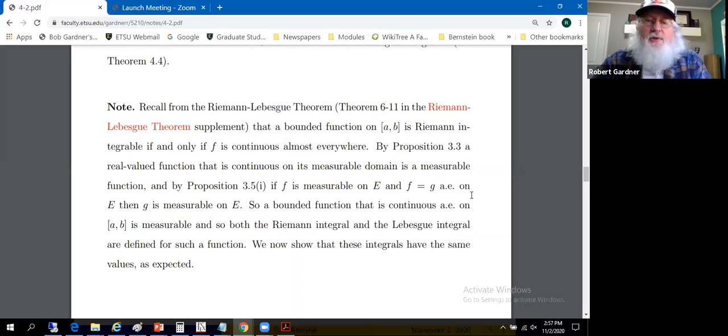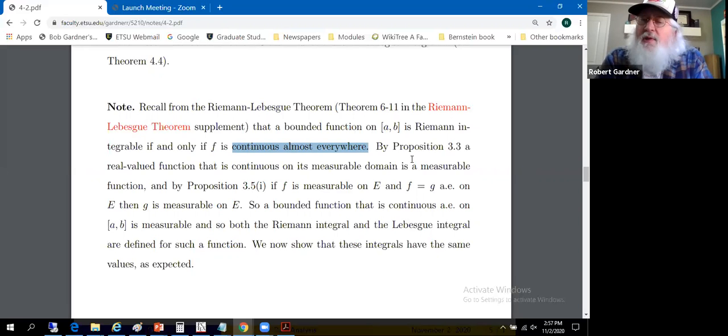Well, we should be able to agree on some things with Riemann then. Recall from the Riemann-Lebesgue theorem, a link to the notes given there, a bounded function on interval [a,b] is Riemann integrable if and only if that function f is continuous almost everywhere. So continuous almost everywhere in this setting means Riemann integrable.